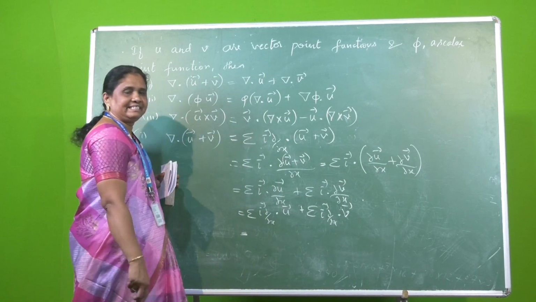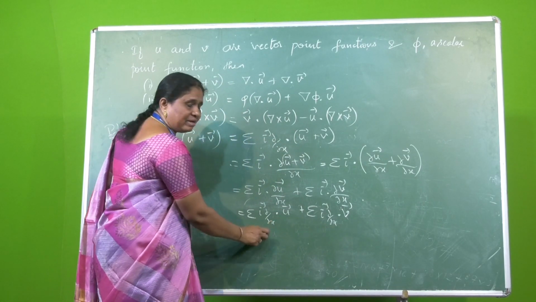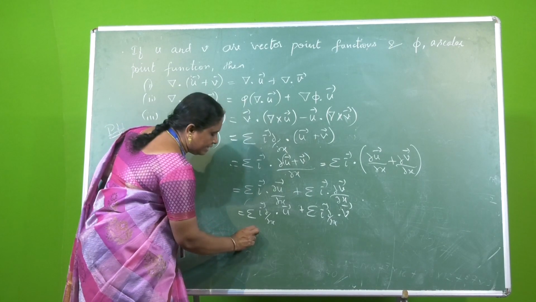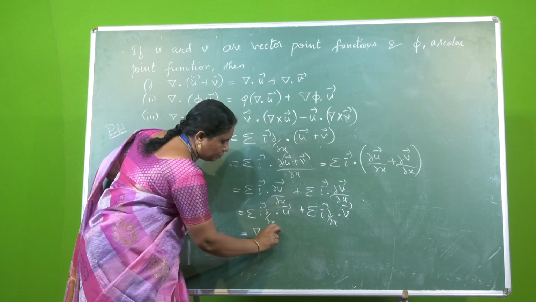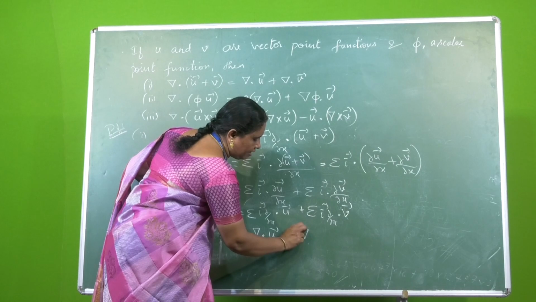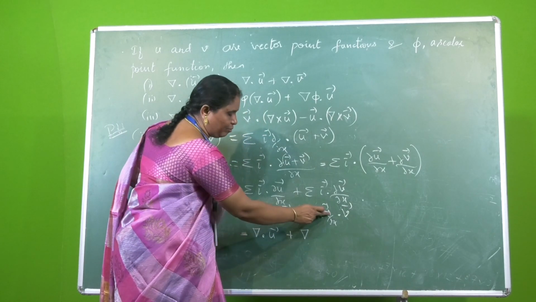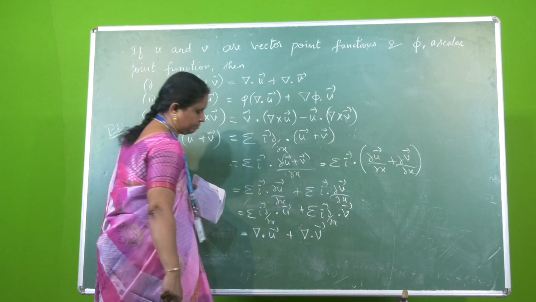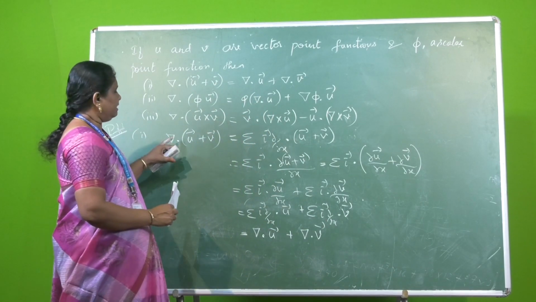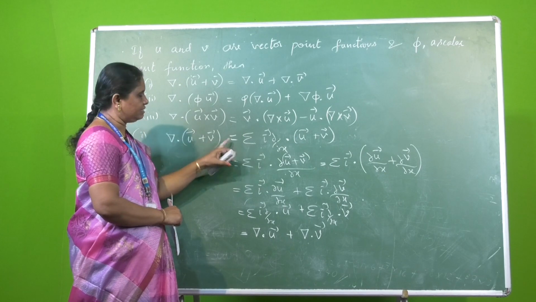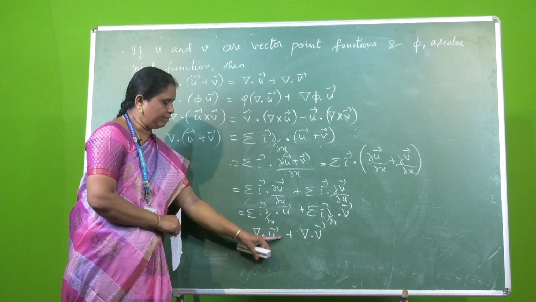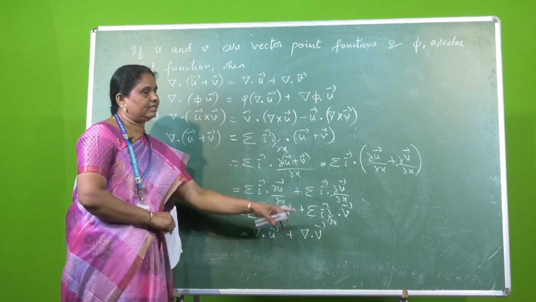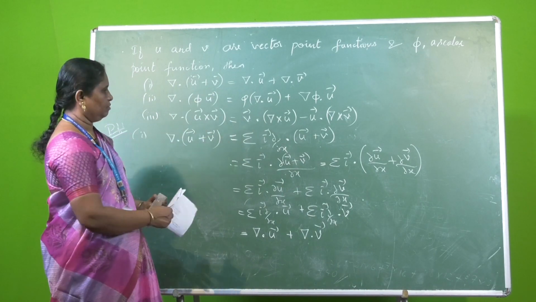And in the next step, we can replace summation i dou by dou x as del, so del dot u vector plus del dot v vector. Hence we proved del dot u plus v is equal to del dot u vector plus del dot v vector. So hence the first formula is proved.